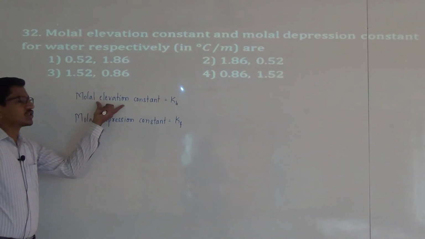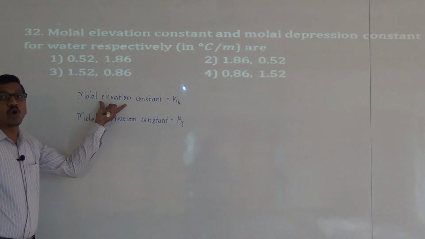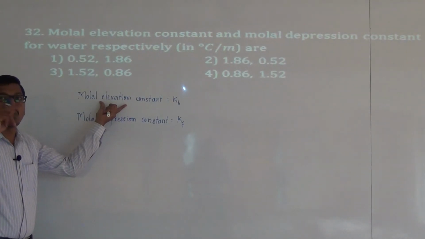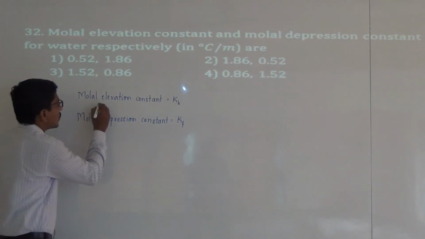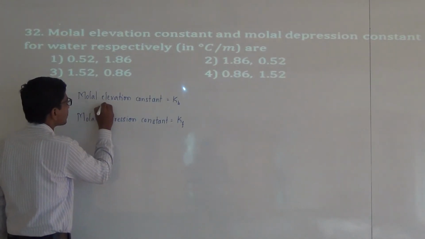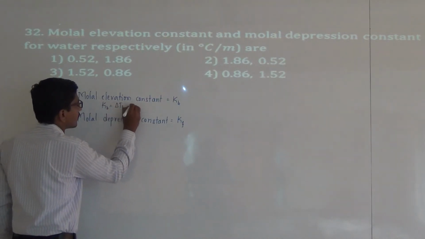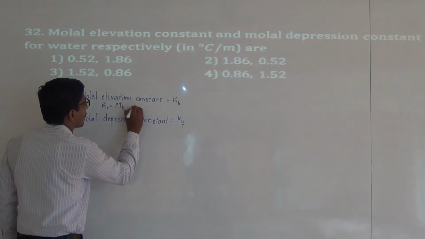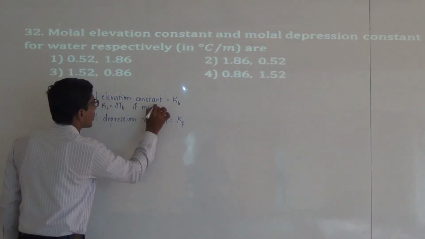The molal elevation constant is nothing but the elevation of boiling point caused by dissolving 1 mole of solute in 1 kg of solvent. 1 mole of solute in 1 kg of solvent means Kb is equal to delta Tb if molality of the solution is equal to 1.